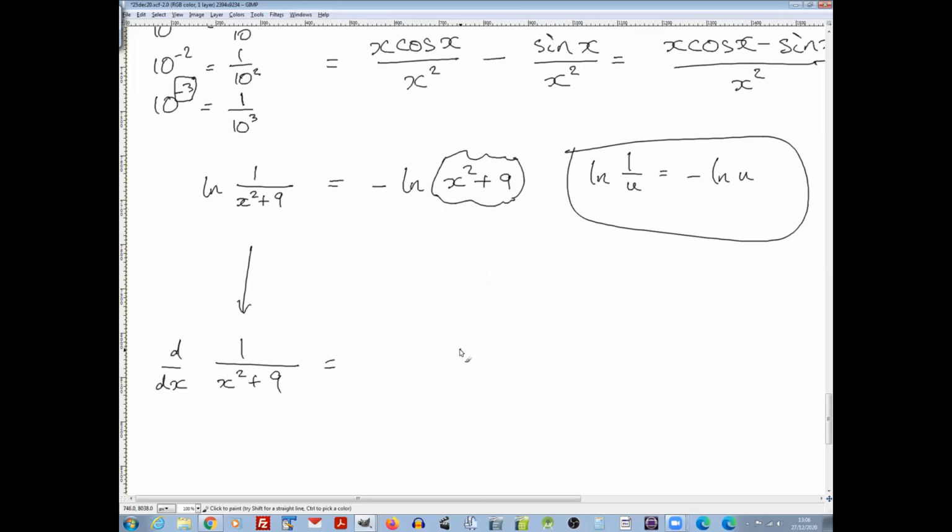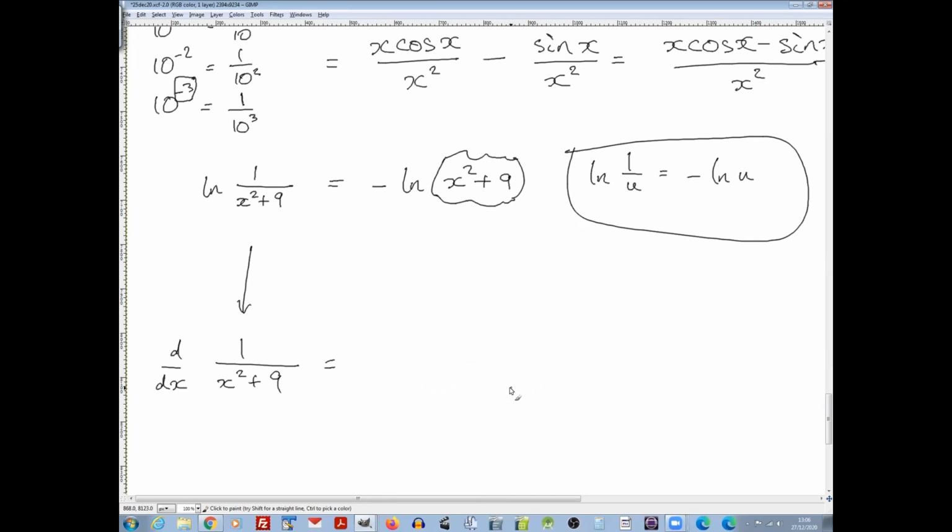And then you're going to get ln differentiates to 1 over x. Negative ln will be minus 1 over. Oh, no, sorry, did I mishear you?